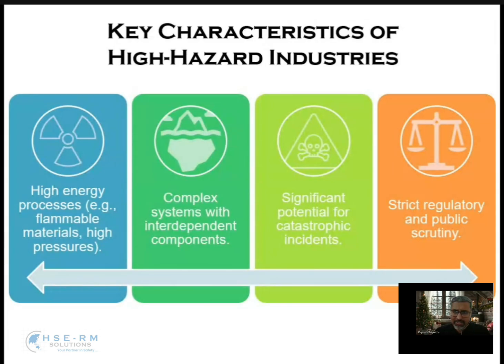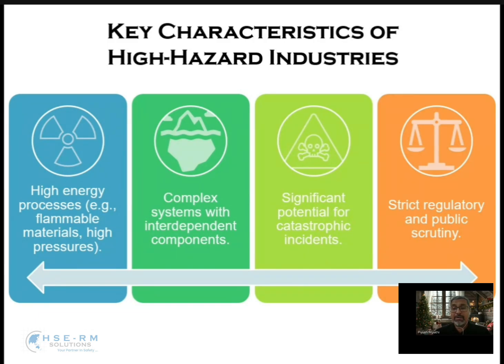That is what we were discussing right now. Correct? So if flammable material is there, high pressure is there, and high energy processes are there, then this is high hazard industry. Next is if you have complex systems with interdependent components.